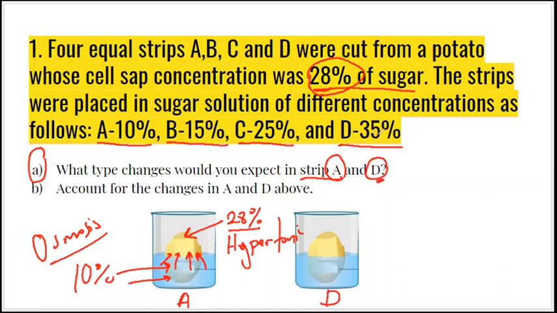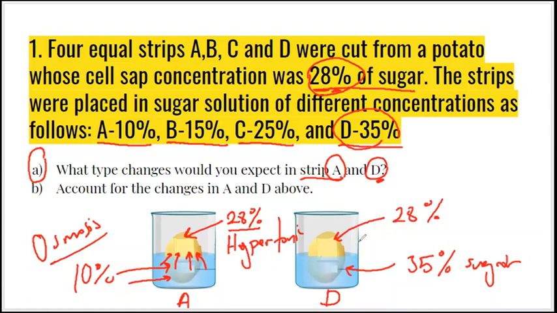D has a 35% sugar solution, and the potato, the same potato, has 28% sugar.